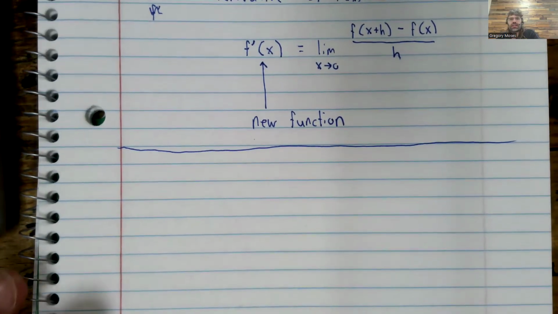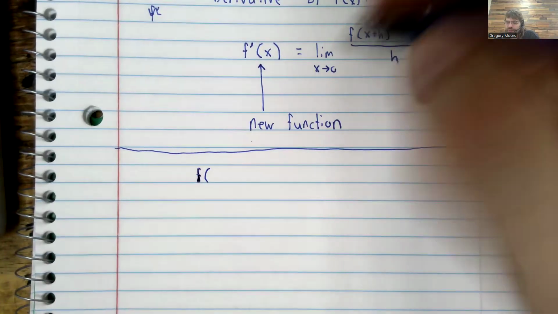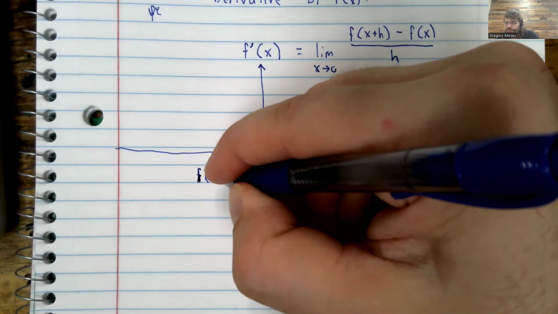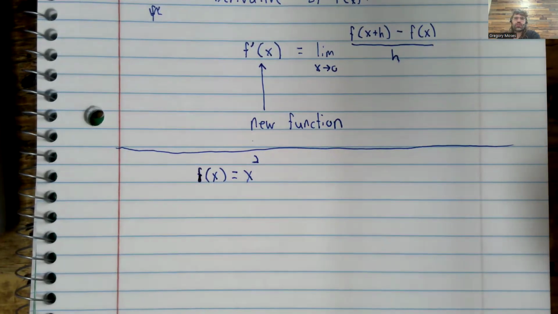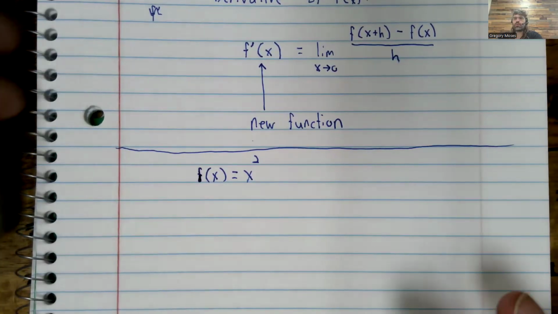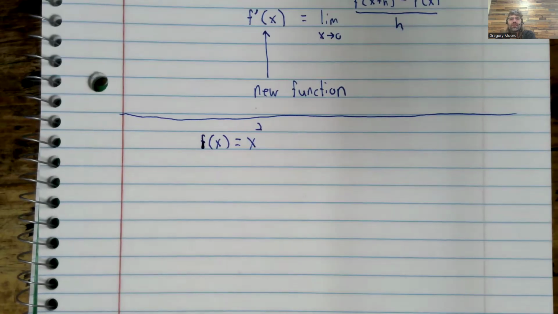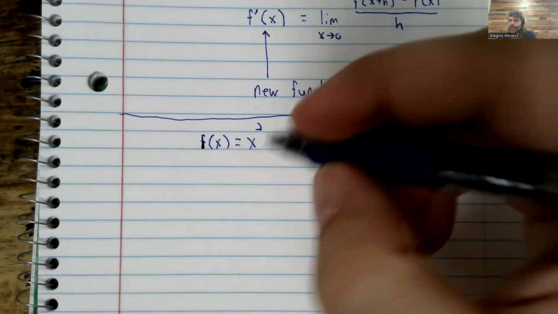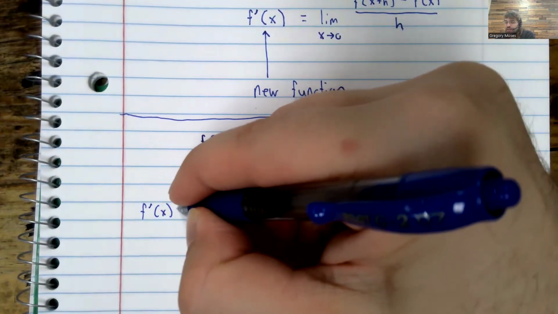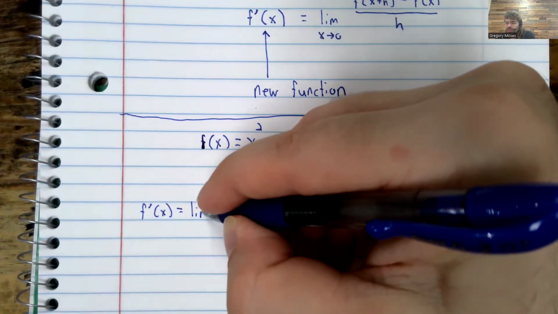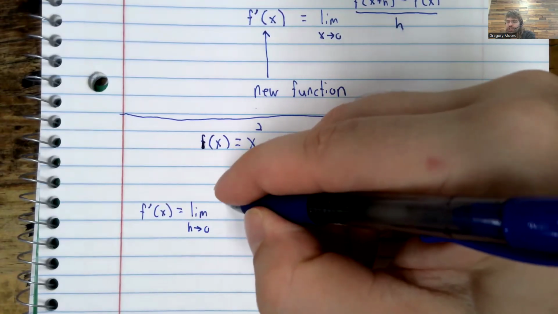So, there are more complicated examples in the textbook and even in my written notes. Let's just do a relatively straightforward example. f of x equals x squared. This is very similar to the example we did with the instantaneous rate of change.